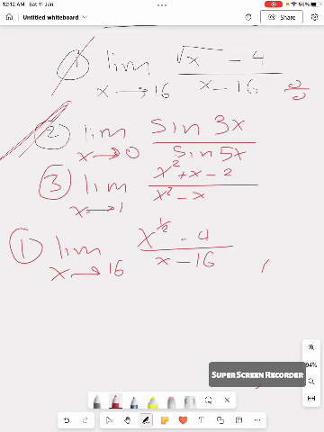Okay, so L'Hopital rule stated if you have to use it, you need to be familiar with derivative. You need to differentiate top and bottom, or up and down, of the function given to you. So now let us apply that here.